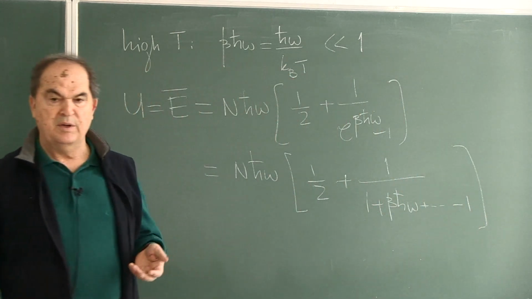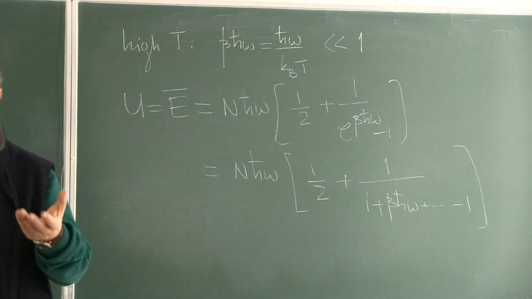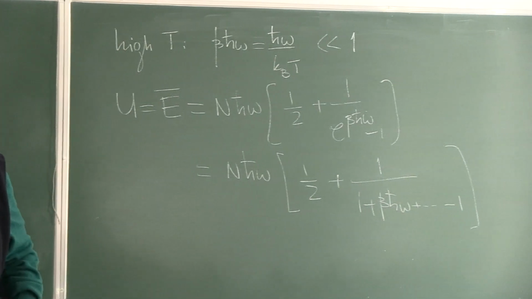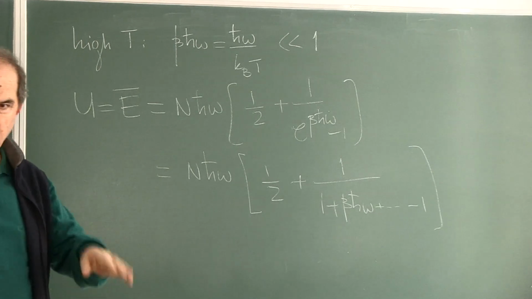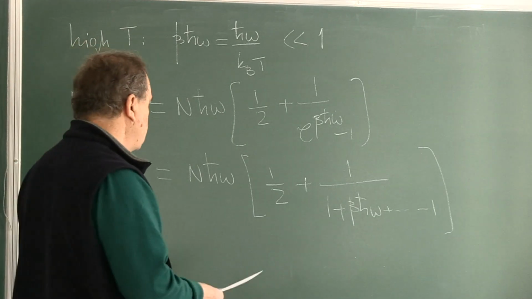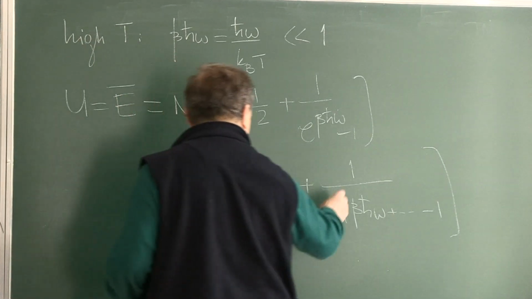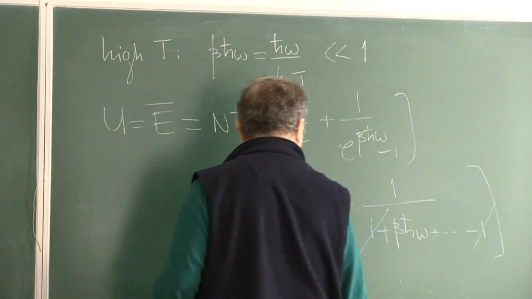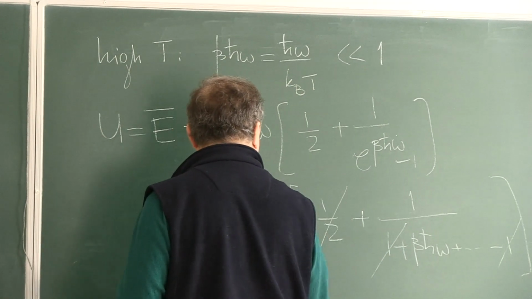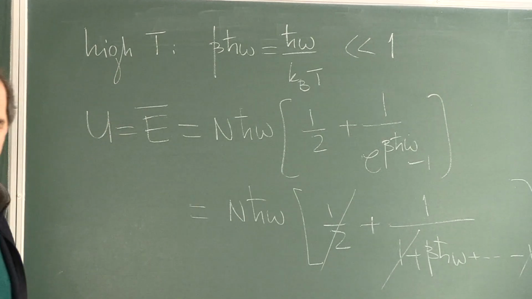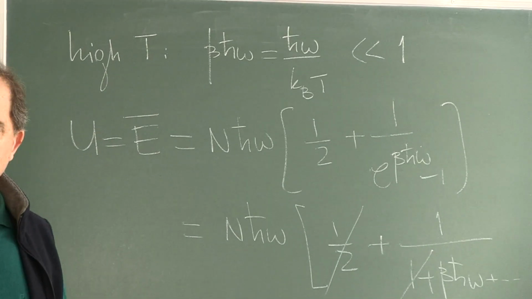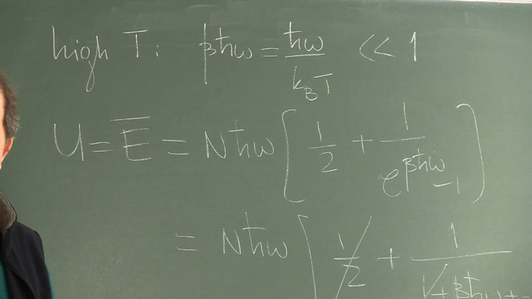If βħω is small, its square is even much smaller, isn't it? So you can stop at the first correction. So they cancel. And 1/2 is going to be small simply because you are dividing 1 by a very small quantity.